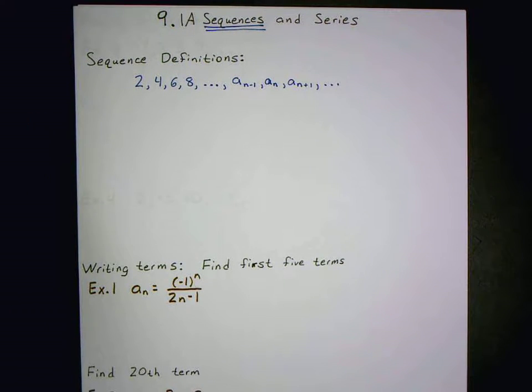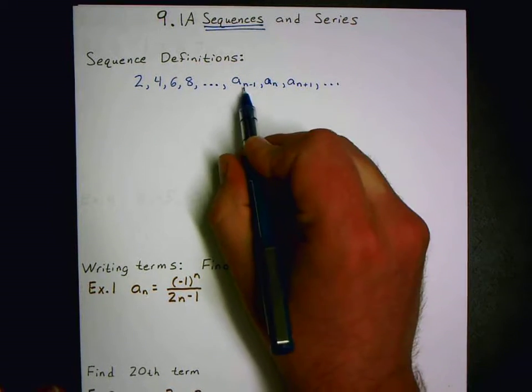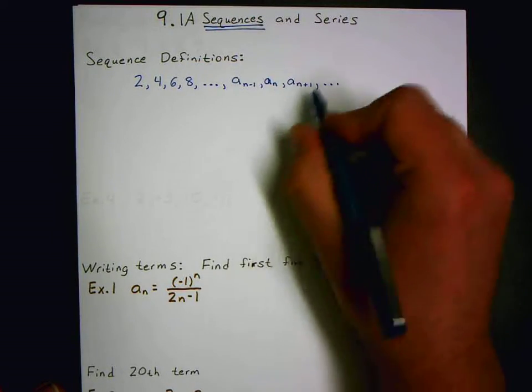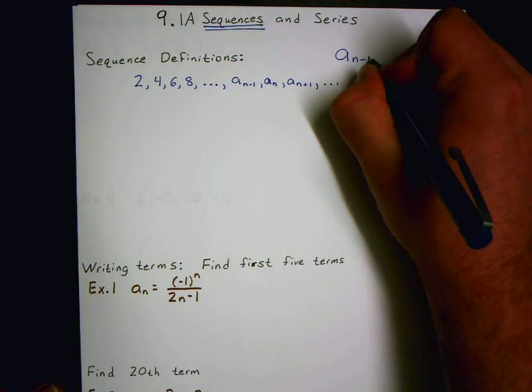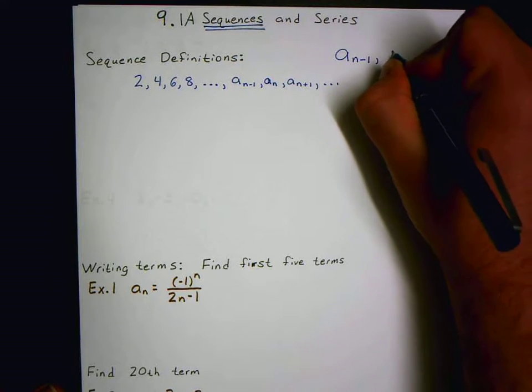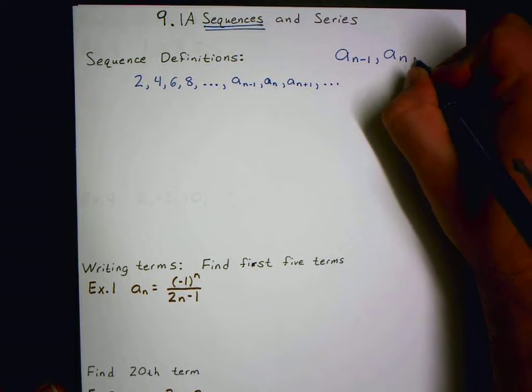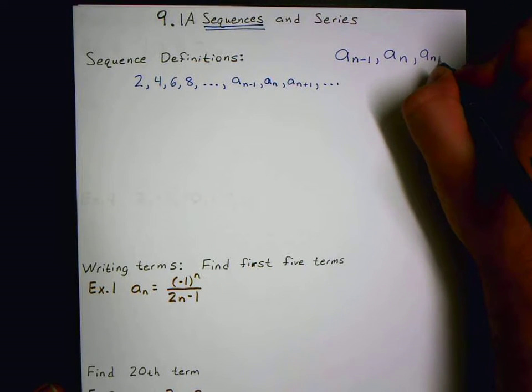Okay, let's do that. Sorry, I wrote that a little small. This is, make that bigger, like a magnifying glass there. That's a n minus 1, a n, a n plus 1.